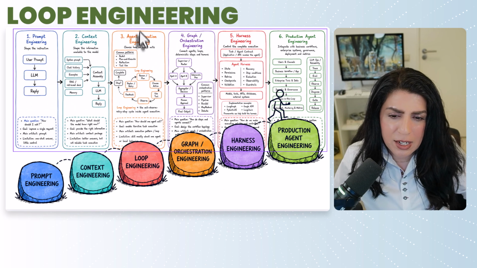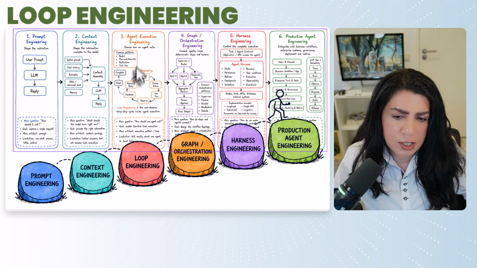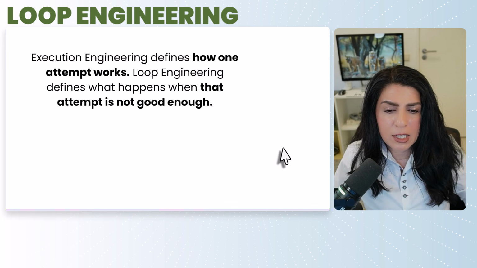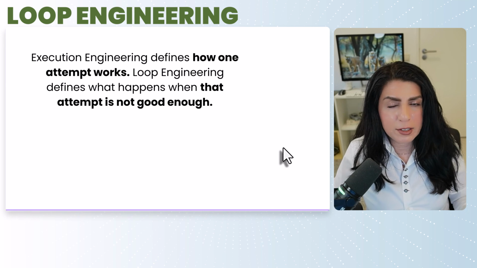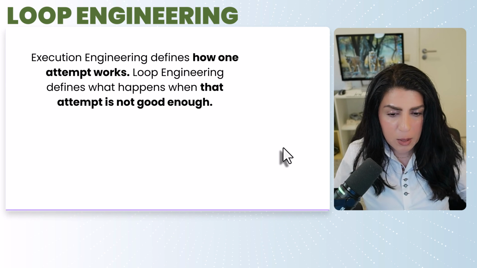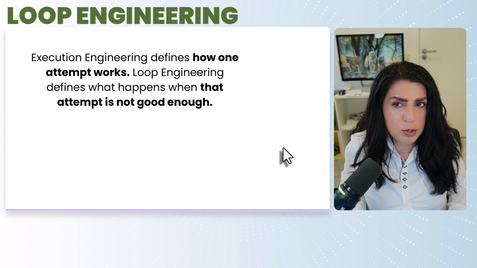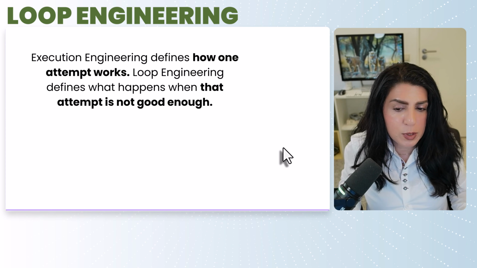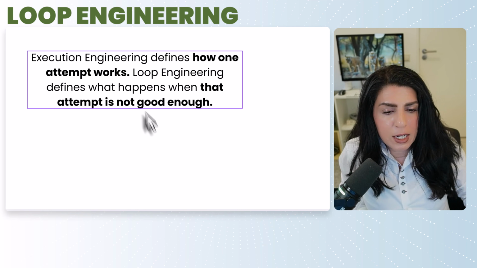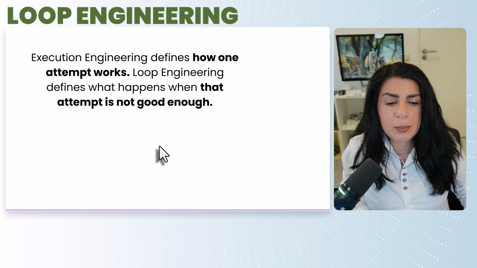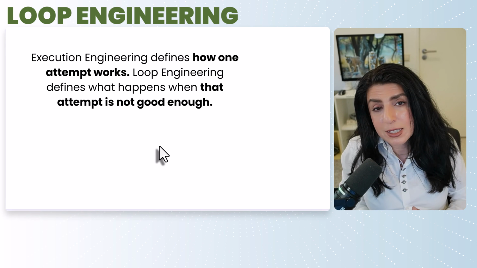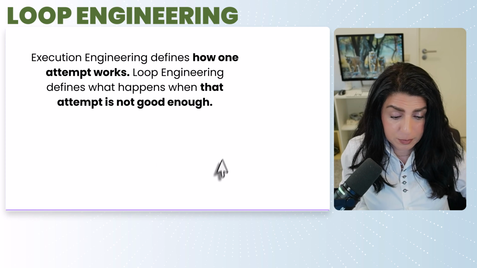So in this layer of agent execution engineering, we basically define how one attempt of an agent works. But then loop engineering has been introduced. You can imagine loops have existed forever, so what's new about it? But they say loop engineering defines what happens when that attempt is not good enough.